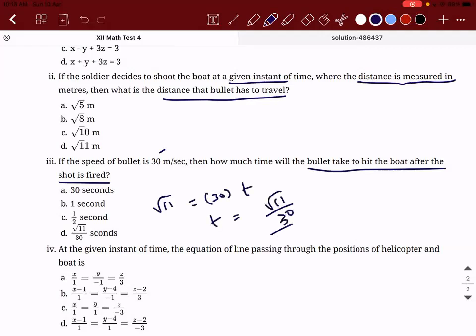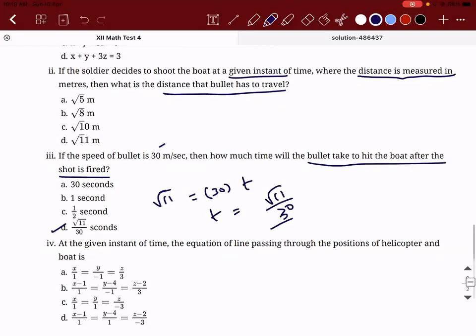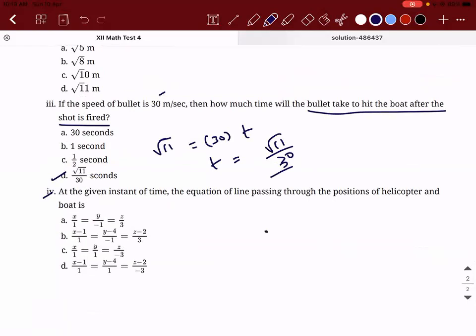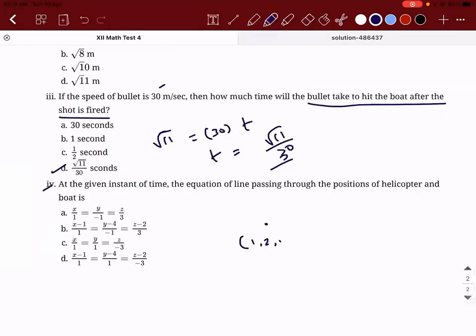Next, at the given instant of time, the equation of the line passing through the position of the helicopter, that is 2, 3, 5, and the boat, 1, 2, 4.